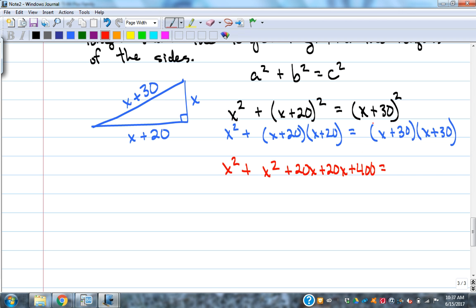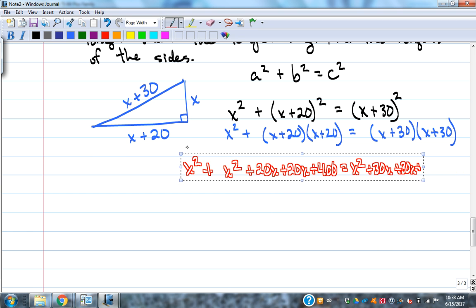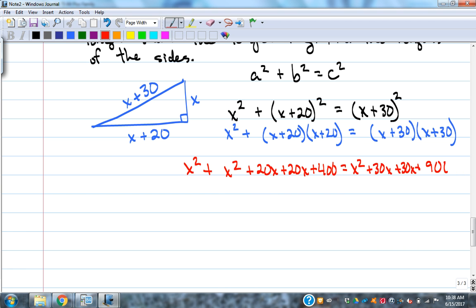And on the right-hand side, x times x is x squared, x times 30 is 30x, and then 30 times both of those would be 30x plus 900, which is 30 times 30. So I'm just multiplying out those two binomials on each side. And then I'm going to simplify and put all my like terms together on each side.